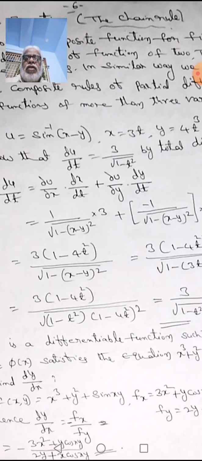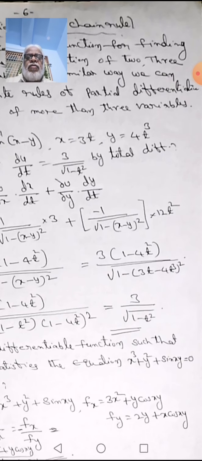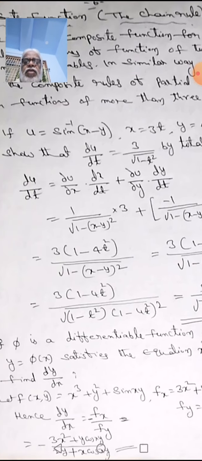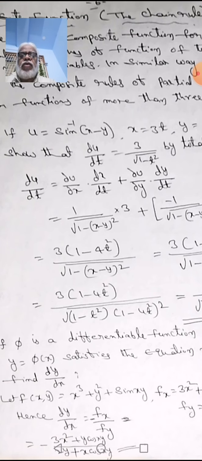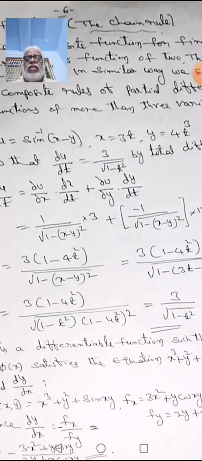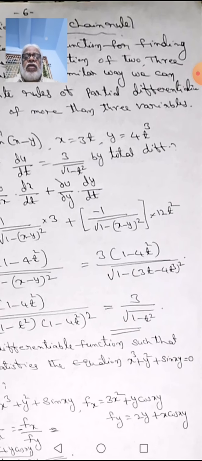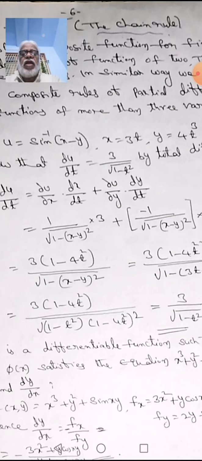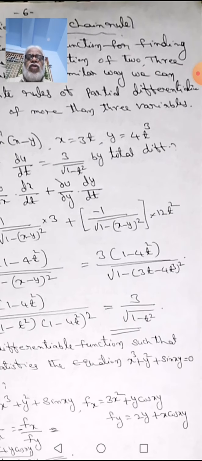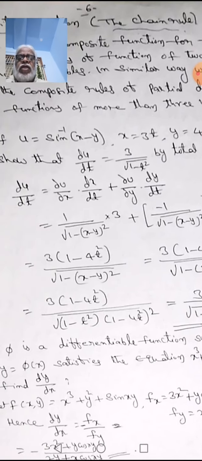You see here 1 into 3 is 3, 3 into 1 is 3, numerator is 3 by 12t square into minus 1 minus 12t square by root of 1 minus x minus y whole square, because this equation is mixed with the x, y and t terms.